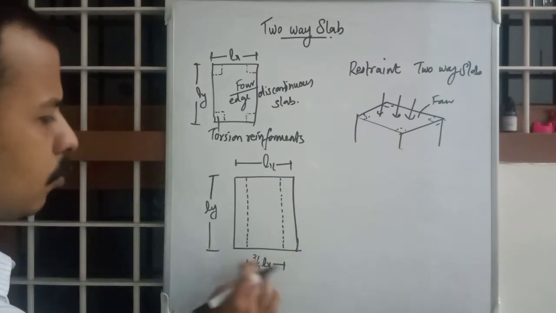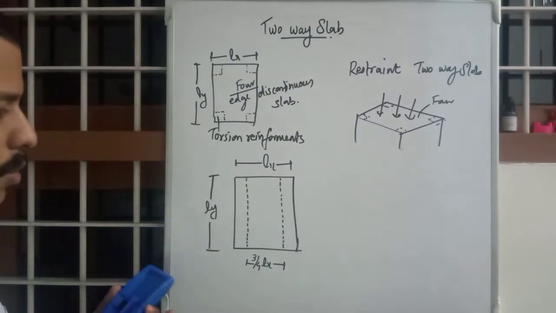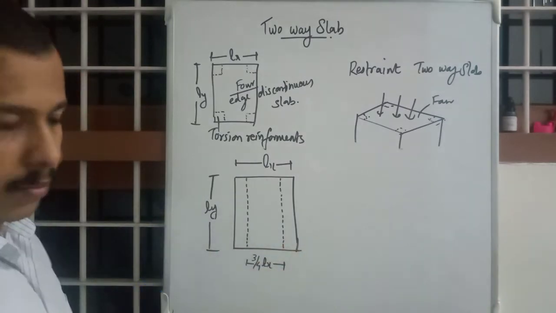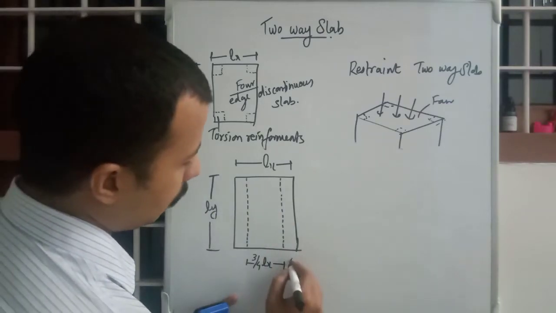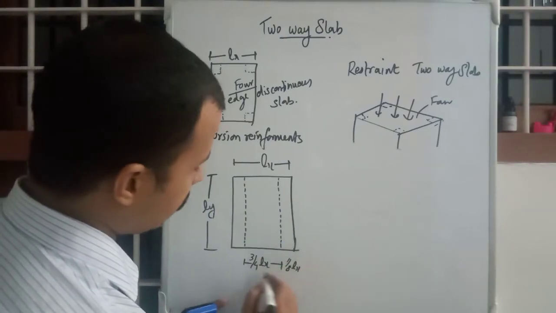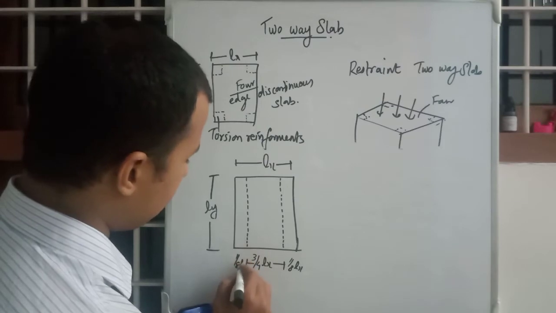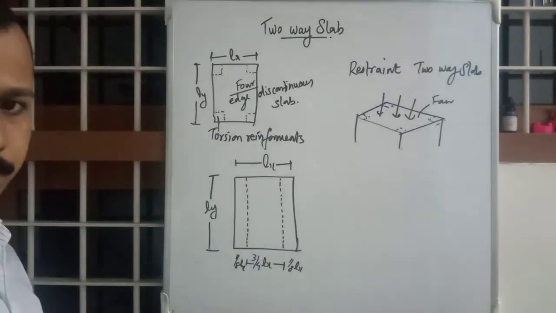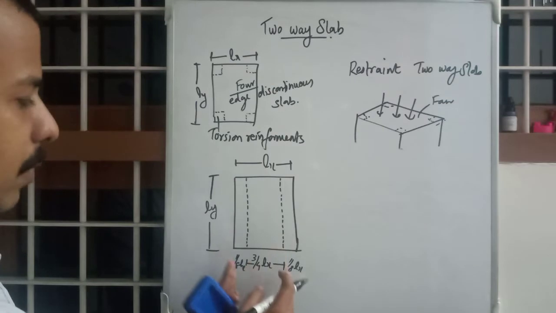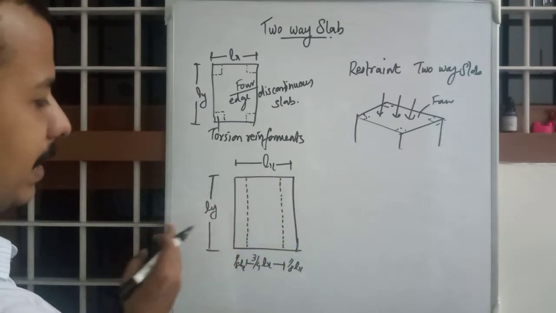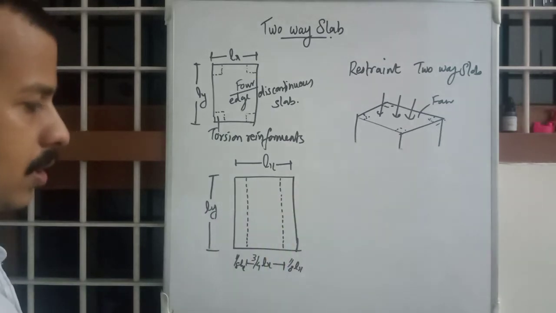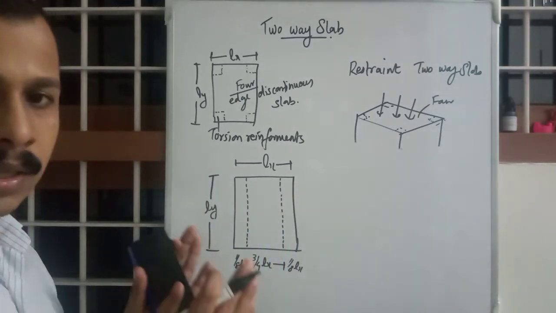Then the remaining will be equally distributed. The remaining is 1 by 4, so half of this is 1 by 8 LX and again 1 by 8 LX, obviously. The central 3 by 4 LX is called the middle strip and the remaining 1 by 8 LX and 1 by 8 LX you will get as edge strips.